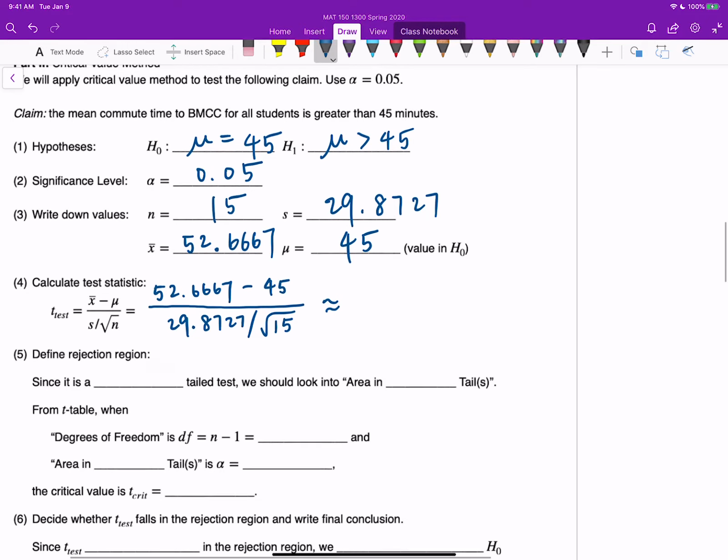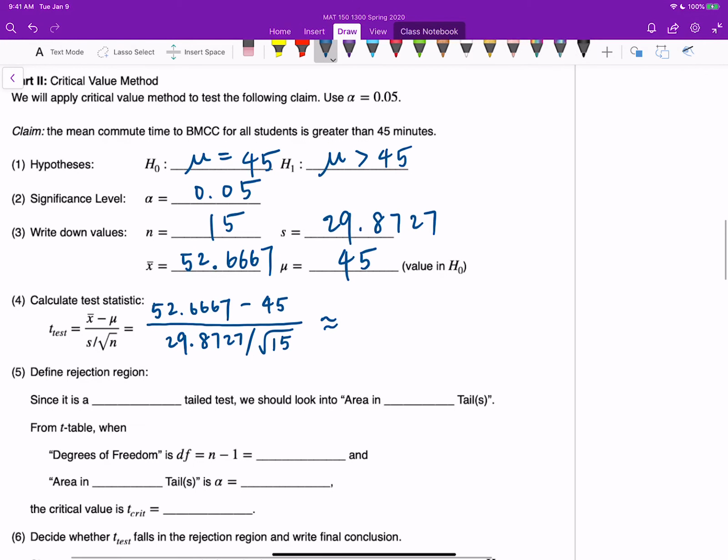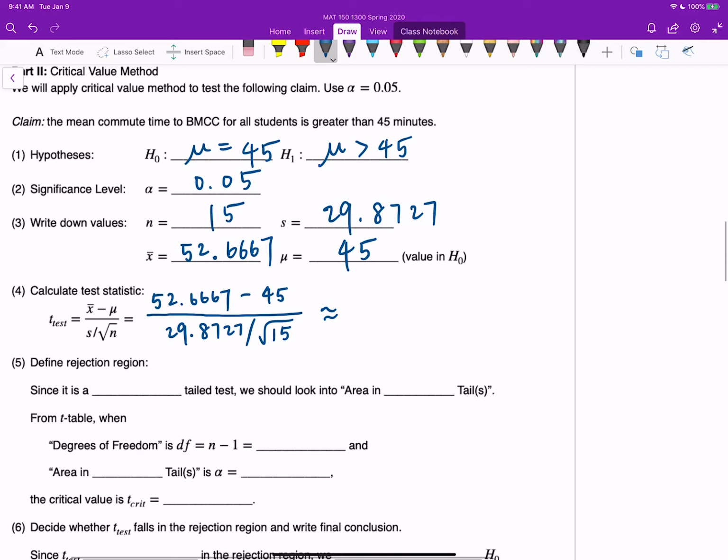Let me double check my computation again. Divided by the square root of 15. Okay, if I keep 4 decimal places, I got 0.9940.